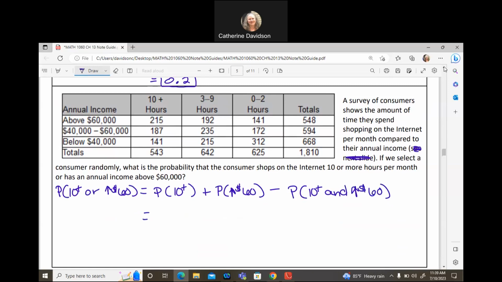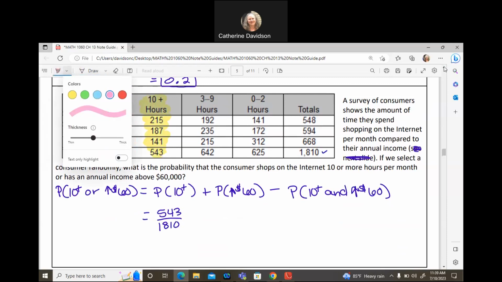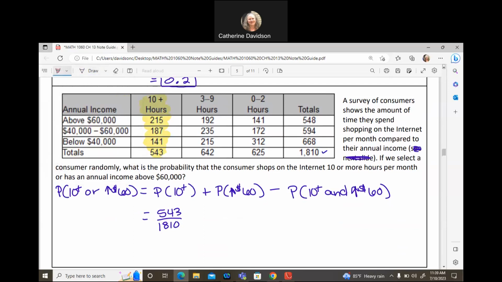So the probability they spend 10 or more hours per month on the internet is this column here. They give you the total. Okay, so 543 spend 10 or more hours a month on the internet over the total, which is the 1810 that's down here. All right, so the probability they have income above 60,000 is here.